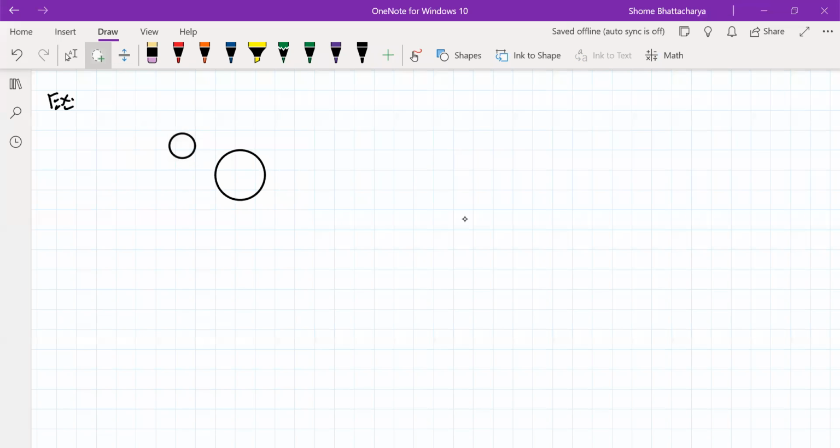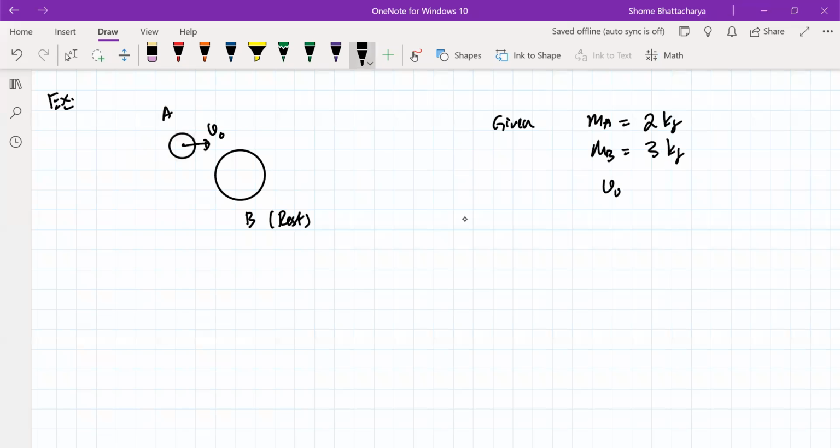Now this one, B, is at rest, and A is moving with an initial velocity V naught like this. Given that the masses are in 2:3 ratio, V naught is 20 centimeters per second, and this time, to make it a little bit easier, the coefficient of restitution is 2/3.